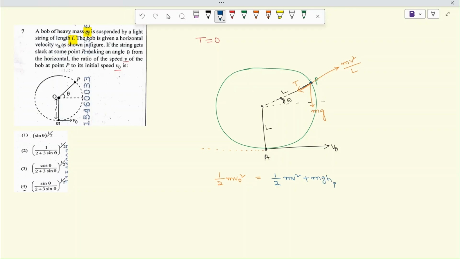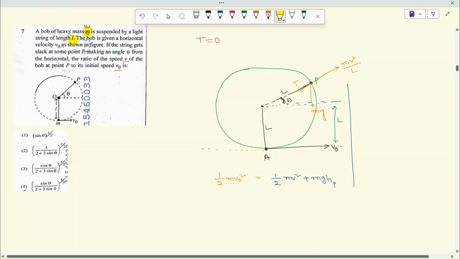Now let us find the height of the point P. Observe the diagram. From the bottom to the center, this length is L, the height. And above this, observe this shaded triangle.